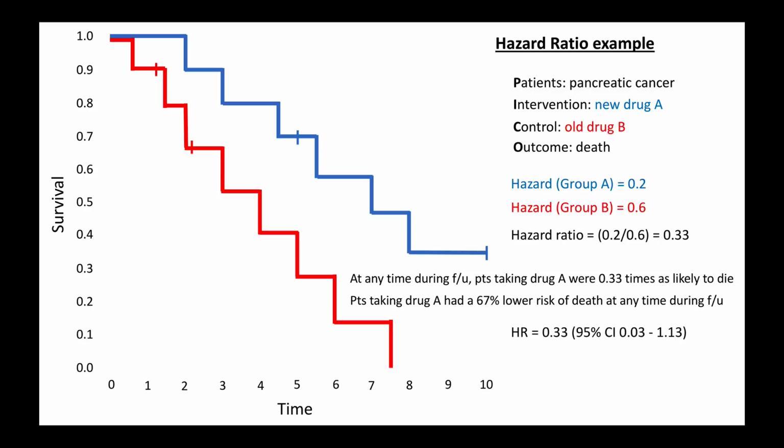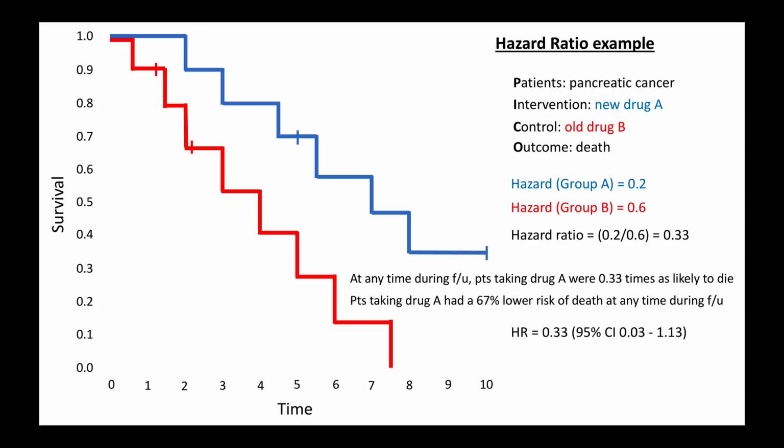But what if you were given a hazard ratio of 0.33, 67% lower risk, or 0.33 times the risk compared to the control group? But what if the 95% confidence interval went from 0.03 to 1.13? Now, as a refresher, you remember the confidence interval is that interval for which our data is also consistent with. If you need a refresher, please see our tutorial on inferential statistics, in particular, looking at the construction of the 95% confidence interval. And you may see that in the link below.